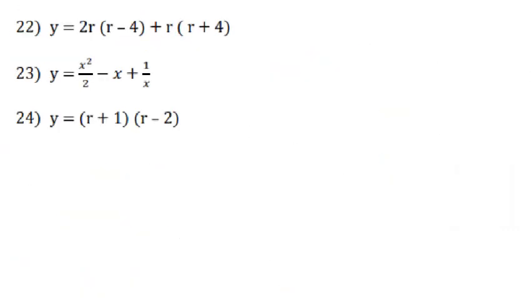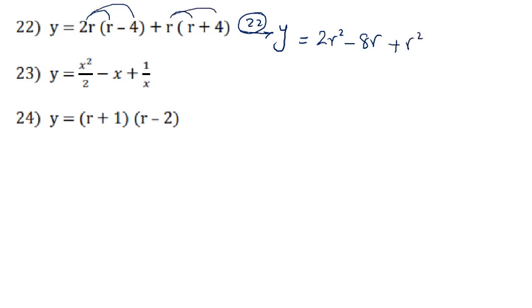For the first one, y is equal to r multiplied by r minus 4, plus r multiplied by r plus 4. So I need to write y, number 22, in terms of powers of r. So 2r by r is 2r squared, minus 8r after I expanded, plus r squared, r by r, and r by 4 is 4r.